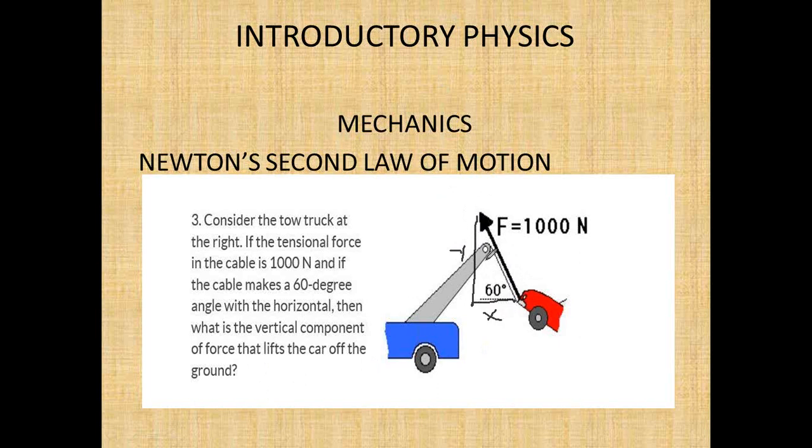The question asks, what is the vertical component? We know the hypotenuse is 1,000 newtons. We know the angle, this is the angle right here. Let's use one of our trigonometry formulas.